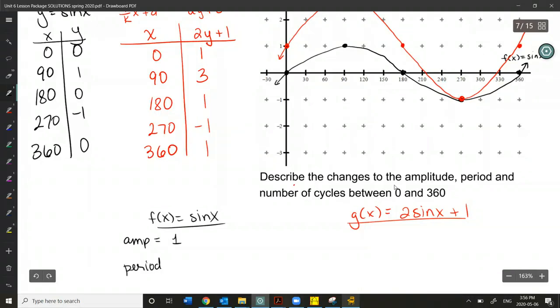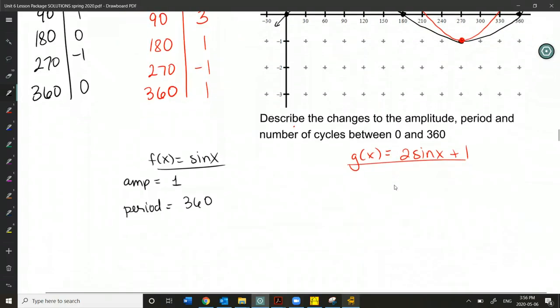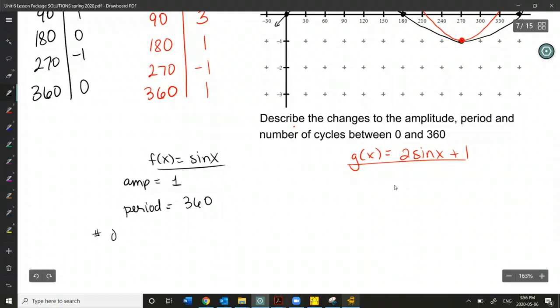Its period is 360, that's the horizontal length of one cycle. And the number of cycles between 0 and 360 is equal to the k value. So the k value tells us exactly how many cycles fit from 0 to 360. In this case, our k value of a regular sine function is 1.